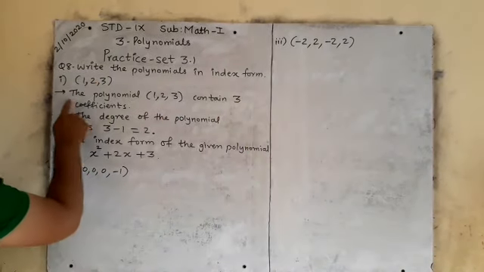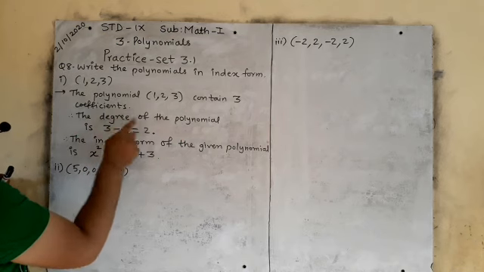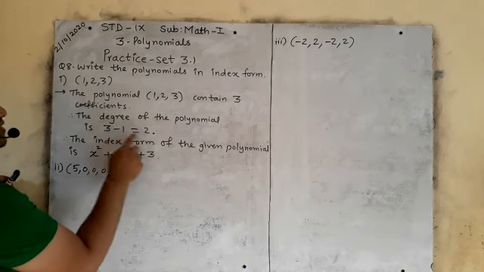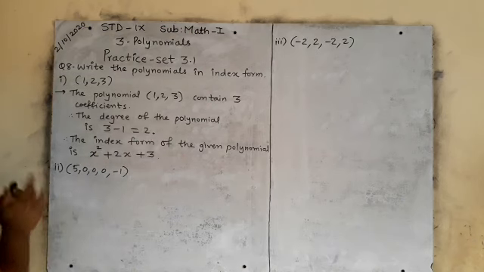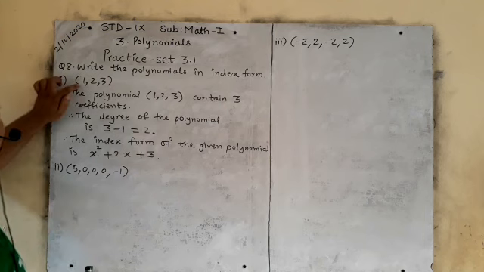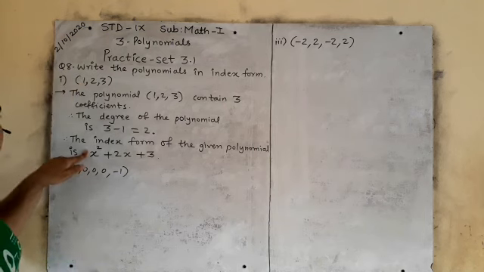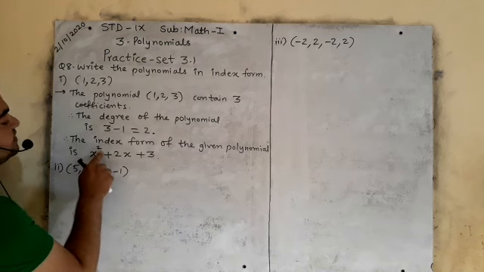Okay, look here. The polynomial 1, 2, 3 contains 3 coefficients. Therefore the degree of the polynomial is 3 minus 1, always minus 1, which is 2. Therefore the index form of the given polynomial is, here I will use x. The first coefficient is 1, and 1 we do not write. So we will write x square. Why is the degree of x 2?